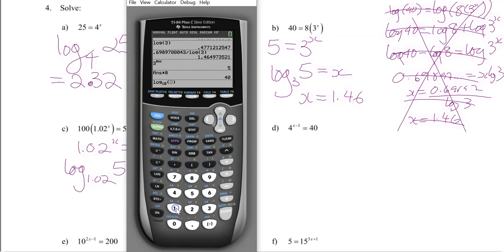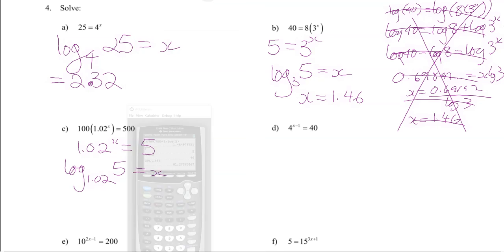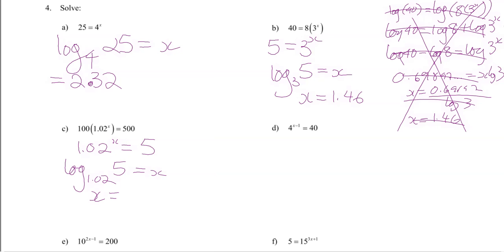Log base 1.02 of 5 is 81.27. So if you had $100 and got 2% interest per year, it would take 81.27 years to end up with $500.